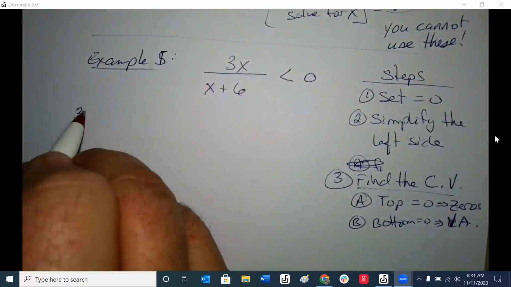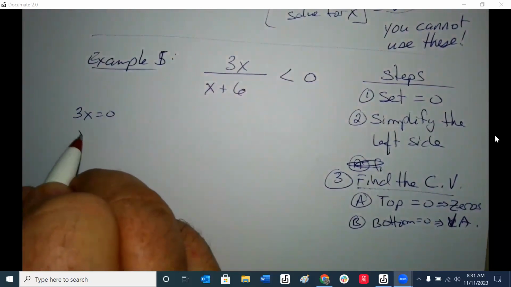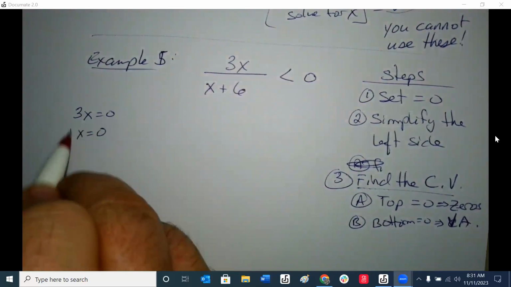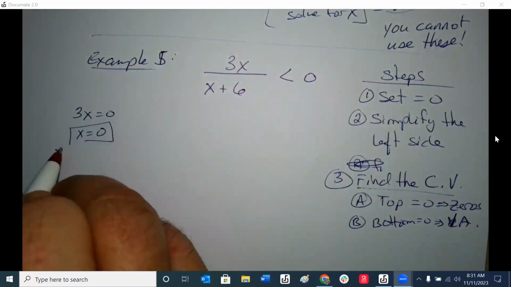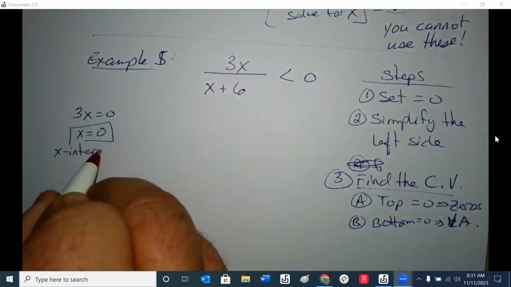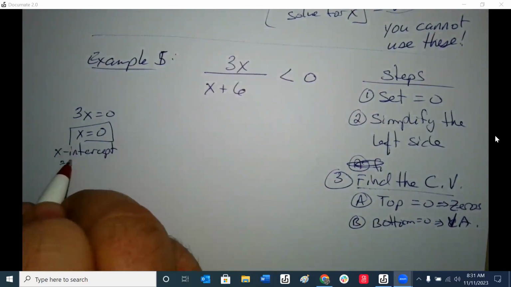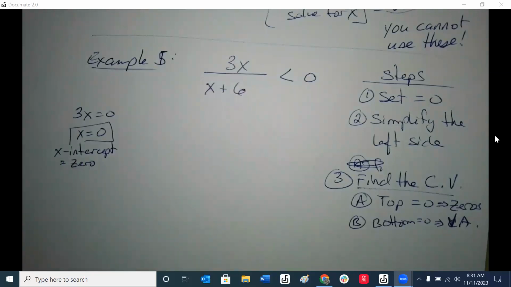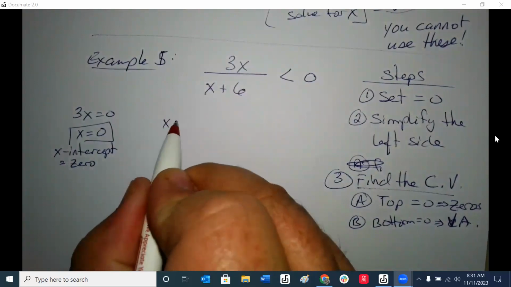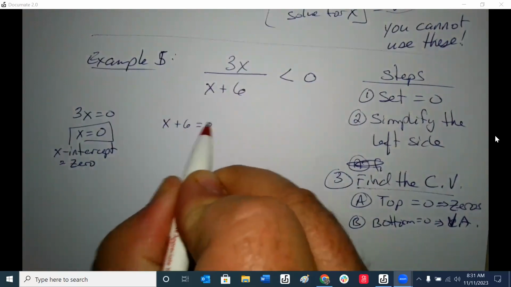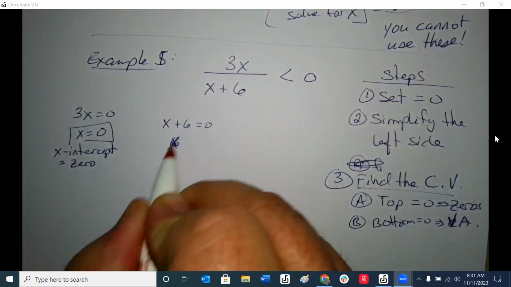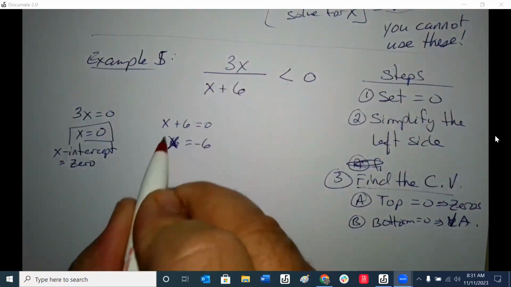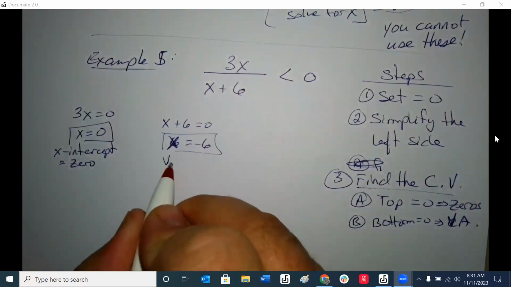So here I set 3x equal to 0. So x equals 0. That's my x-intercept, or my 0. And I set the bottom equal to 0. That's my vertical asymptote.